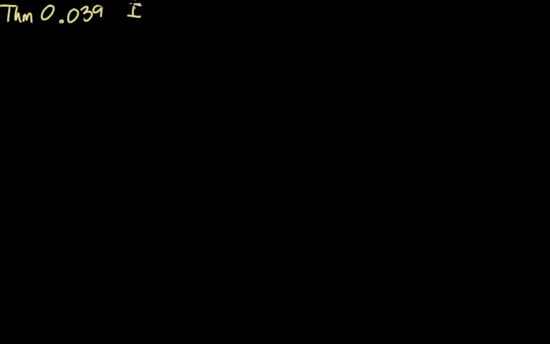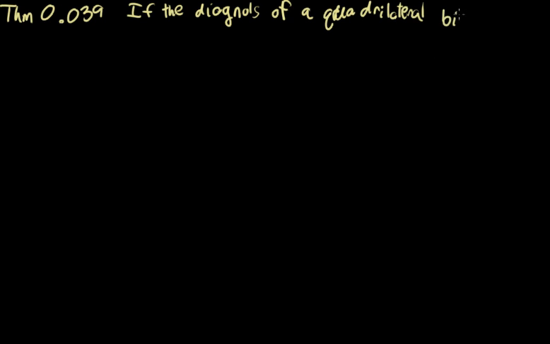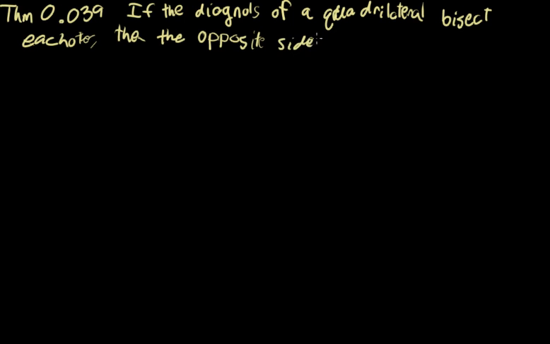I'm just going to say that if the diagonals of a quadrilateral bisect each other, which bisect means cut in half, then the opposite sides of the quadrilateral are congruent.